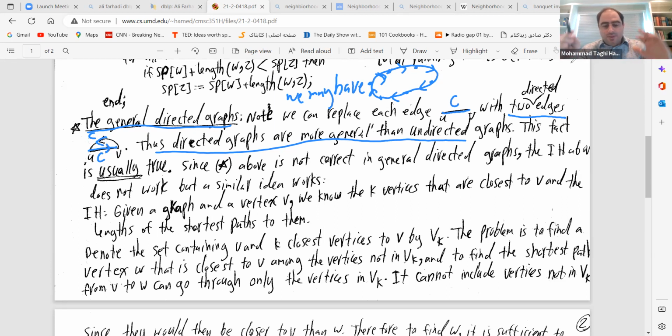However, we cannot get exactly that, but we can get something similar to it. The running time of the final algorithm would be the size of V plus the size of E, all of them times log n. So we have a log n factor more compared to the directed acyclic graph.